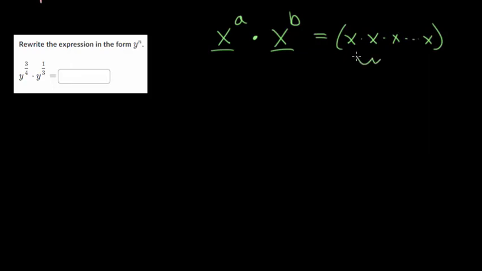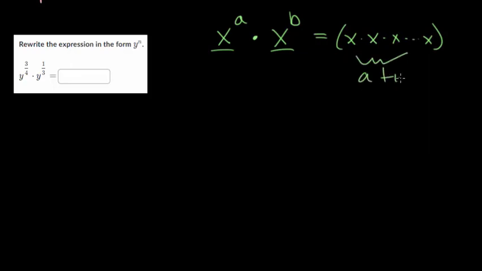And the first property we'll look at is when you have two exponential expressions that have the same base and are multiplied together. So the base is the same in these, and we have multiplication. And when this is the case, you are going to add the exponents. And you can think about it that we're multiplying x here for this first expression, a times.